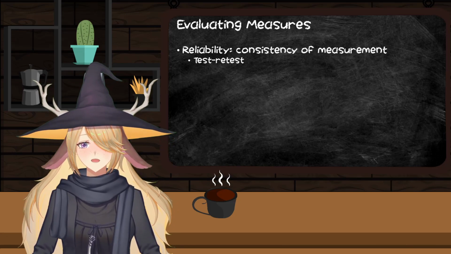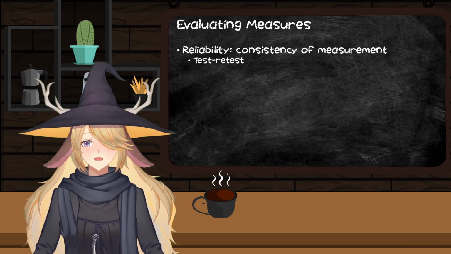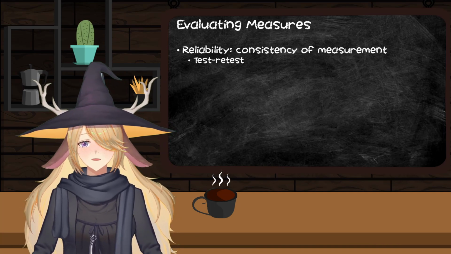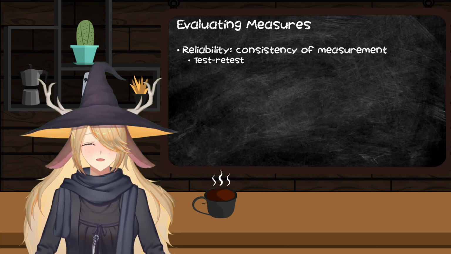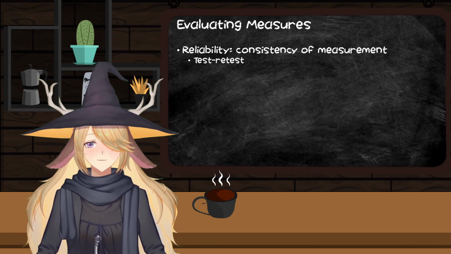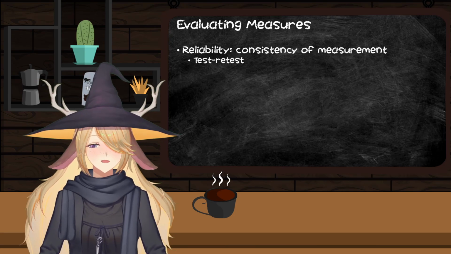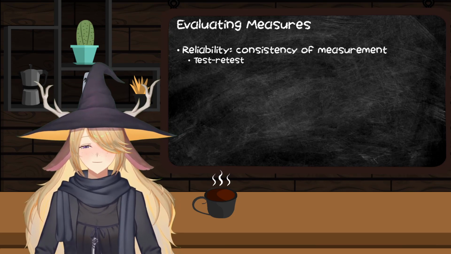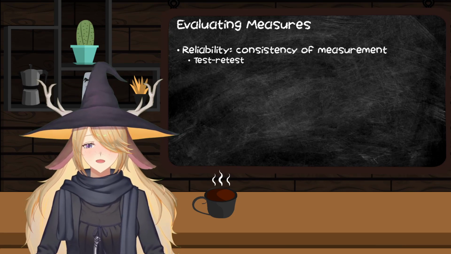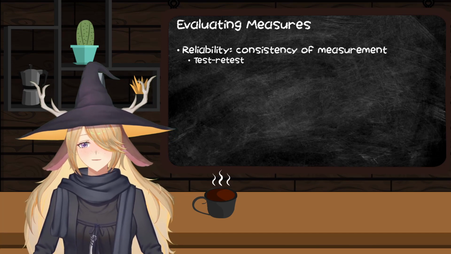So let's say I'm giving you a very anonymous survey that you don't know is coming from me, and I say, who is your favorite deer-themed VTuber? And you say, anyone but Ricky. And then I ask you again, and you say, obviously it's Ricky. That's poor test-retest reliability. Ideally, you would say me both times.